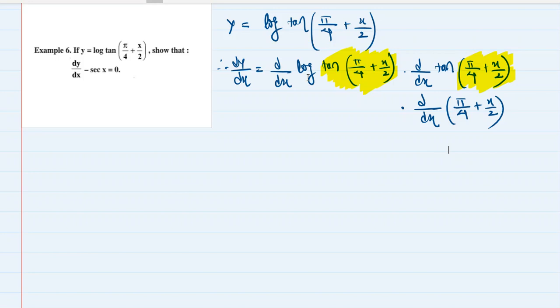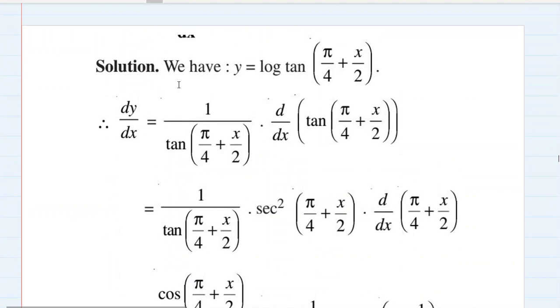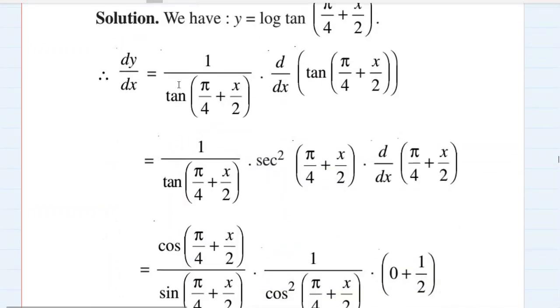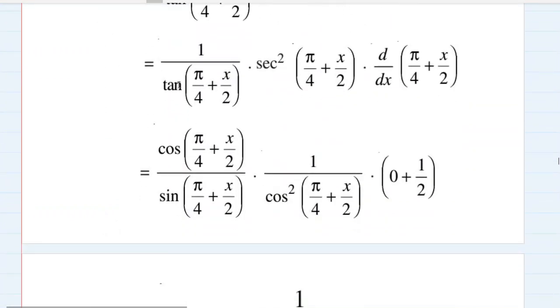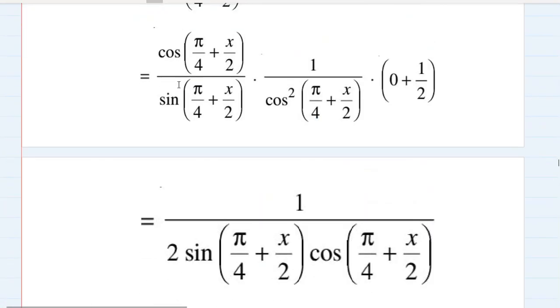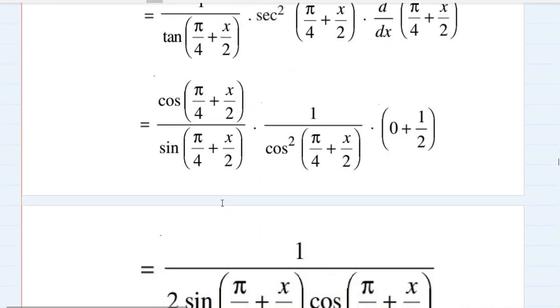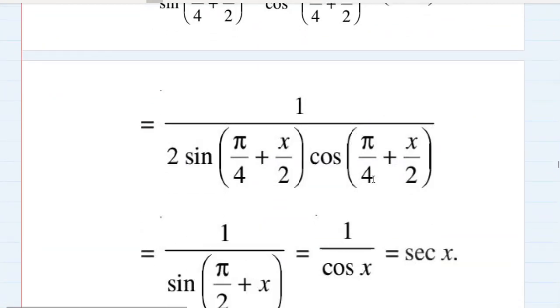Then we simplify it and we get sec x. They have converted tan in terms of cos and sine, cut this and simplified it further.